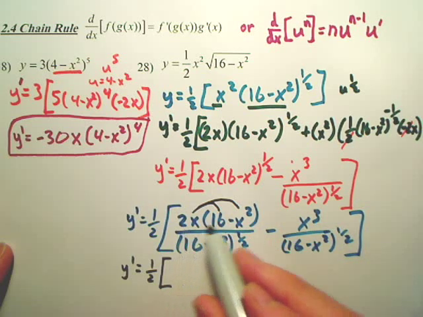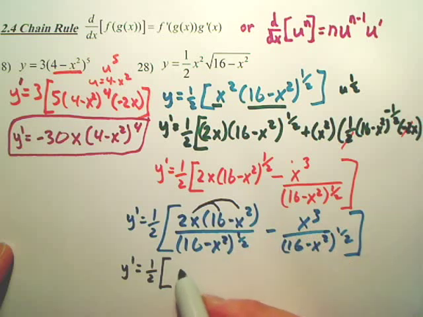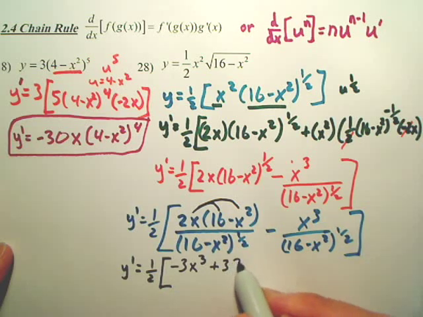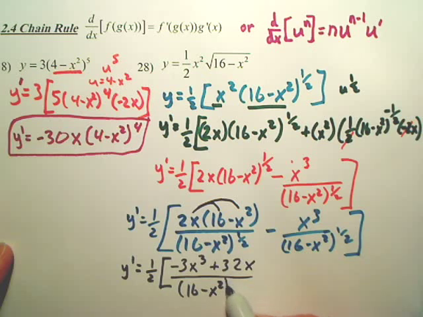So do you see how I have a 2x cubed and an x cubed negative? That means I have negative 3x cubed, and then here you have a positive 32x. And on the bottom you still have 16 minus x squared to the 1/2.